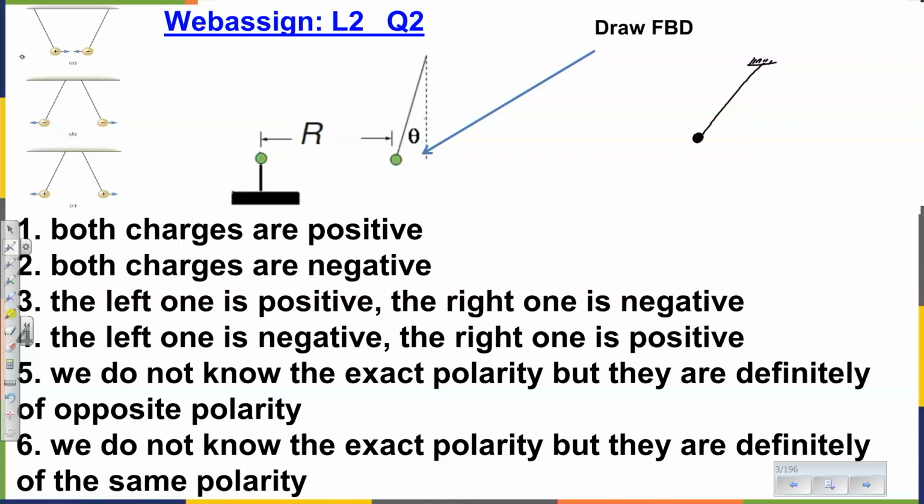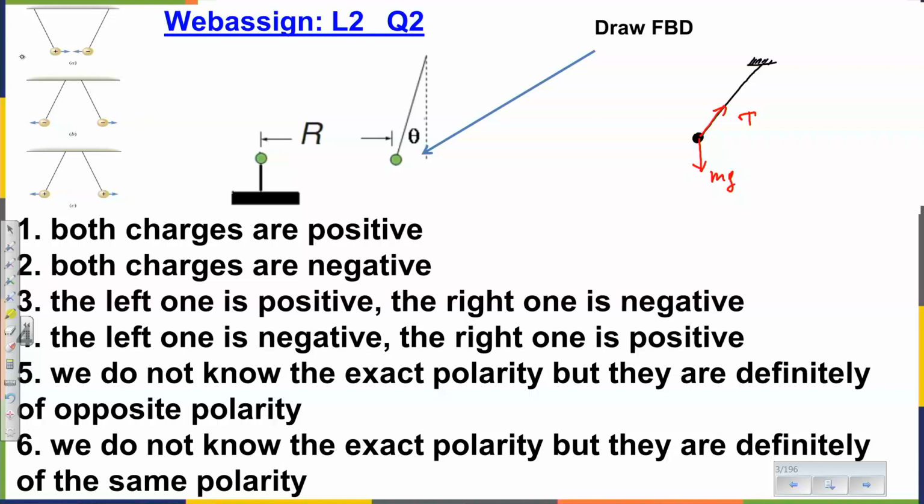Hold it tightly, and naturally there has to be a force of tension. And naturally, because everything is happening here on the surface of the Earth, there is a force of gravity acting on it.